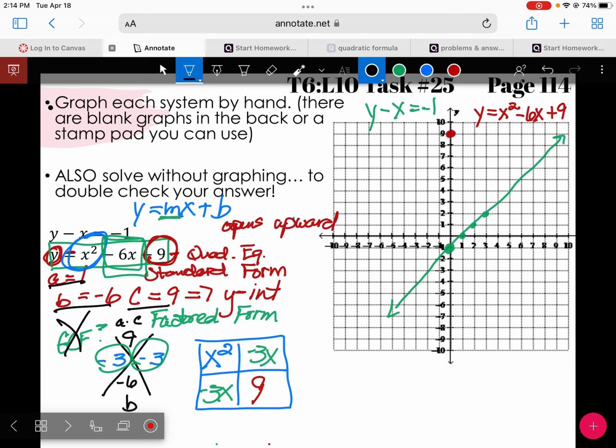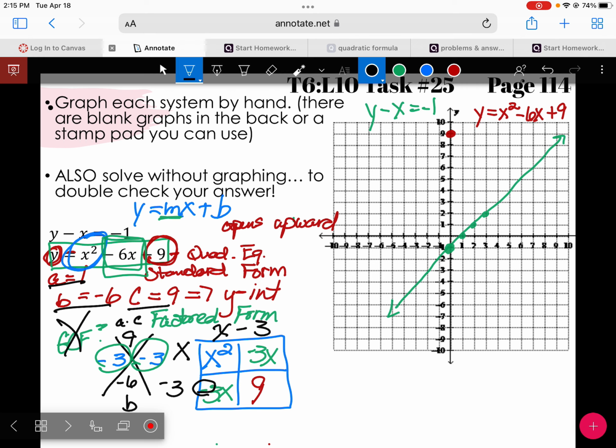Greatest common factor. So you look at each row, x squared and negative 3x has a greatest common factor of x for that first one. And for the next one, it does have that negative 3. How about the column? X squared and negative 3x is x. And how about this column? Negative 3x and 9? Negative 3.